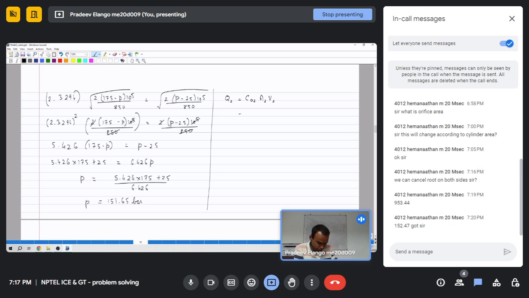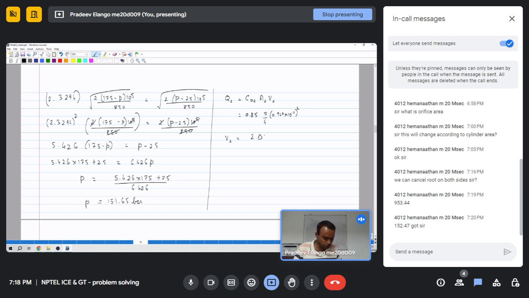Q2 is what we need to calculate. CD2 is 0.85, and this is pi by 4 into (0.949 into 10 power minus 3) the whole square into velocity.